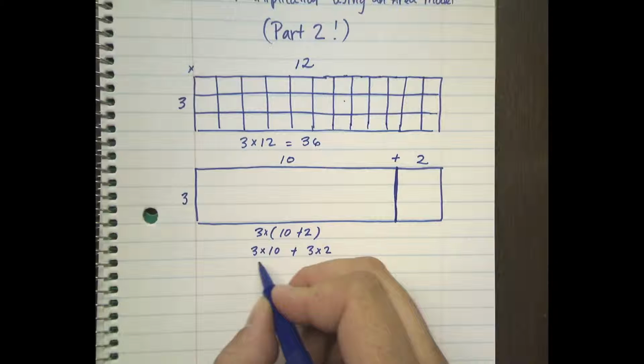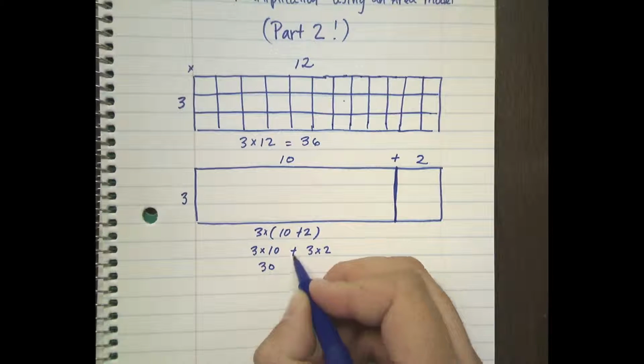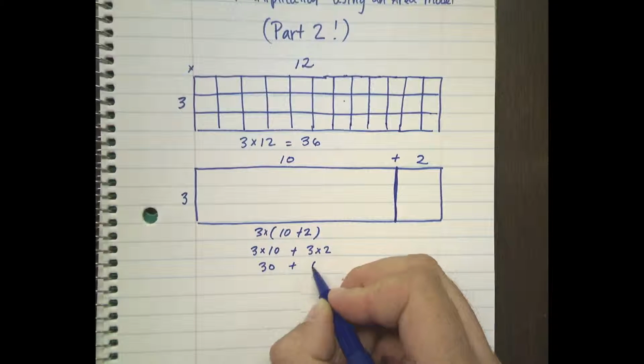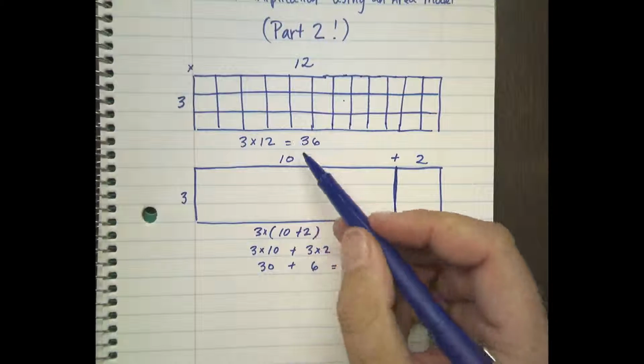We'll get 3 times 10, which is 30, plus our 3 times 2, which is 6, and that will equal 36. The exact same answer as the top.